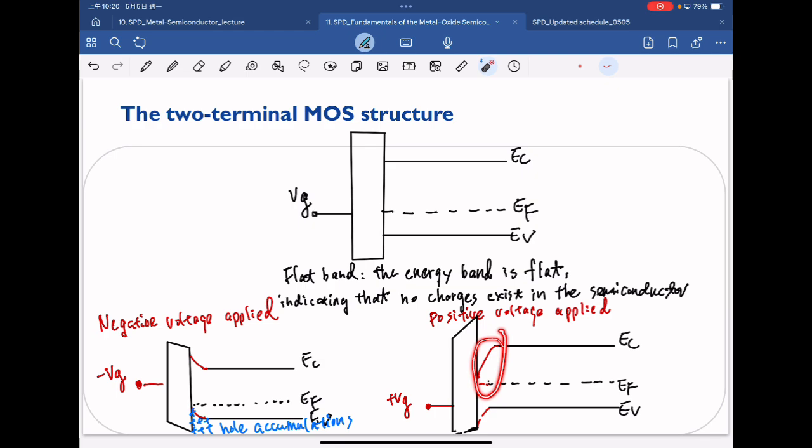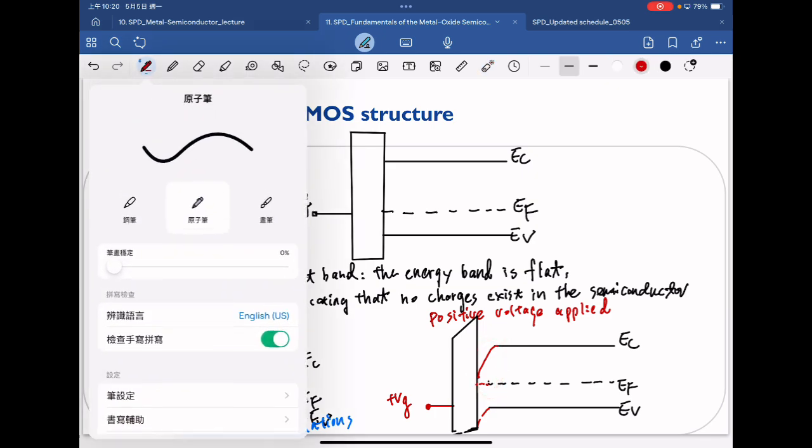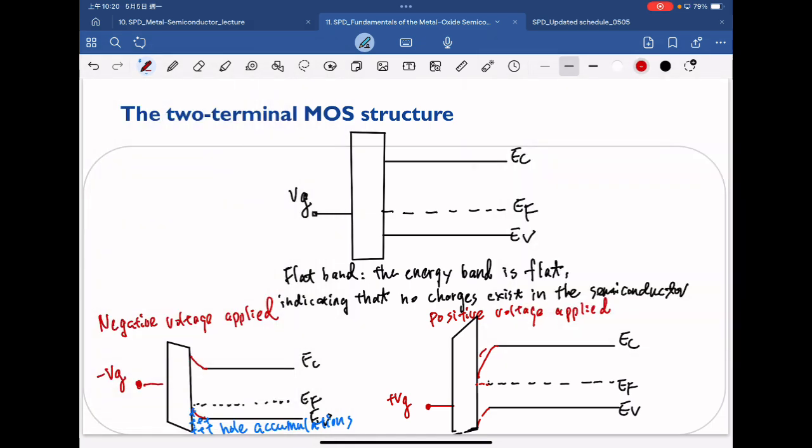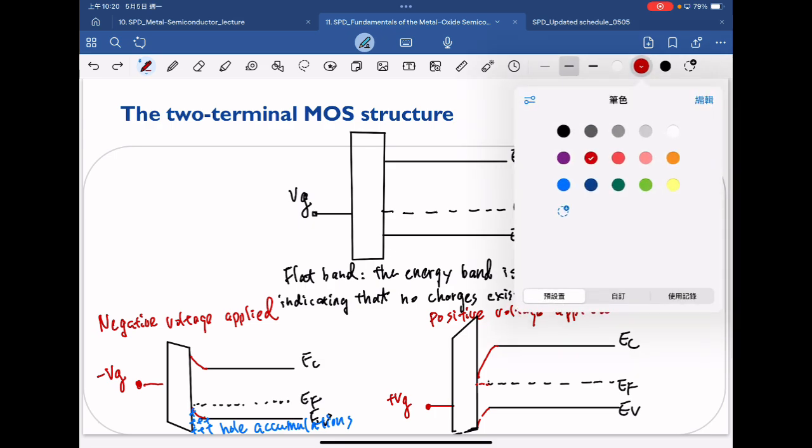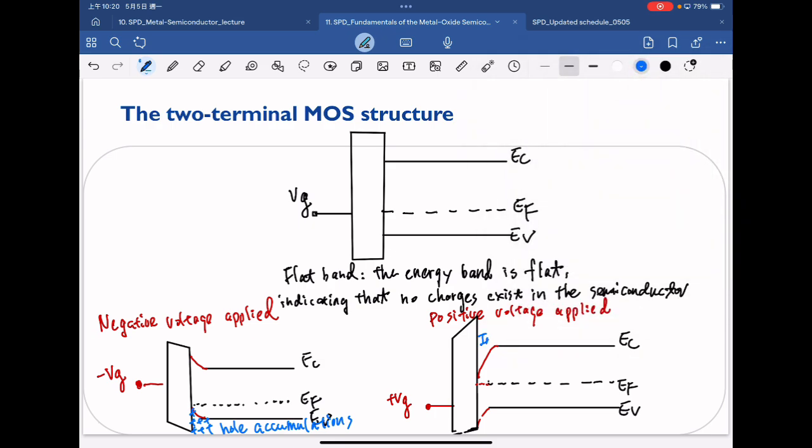So that suggests that this will induce the negative space charge. And this is our depletion width.